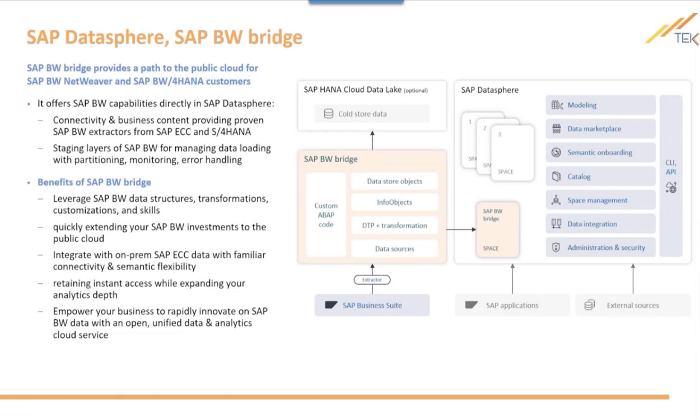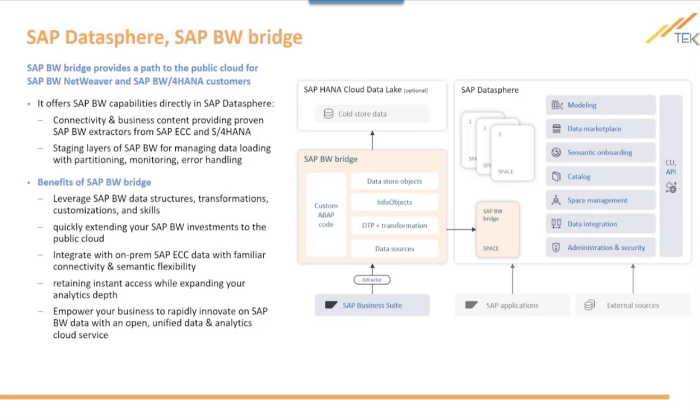Traditionally BW may have close to 10 years or 7 years' worth of data, and we don't typically want to have everything in the warm or hot storage within DataSphere. So now we can migrate only a few years' worth of data, and the older data can be archived or be part of a data lake.